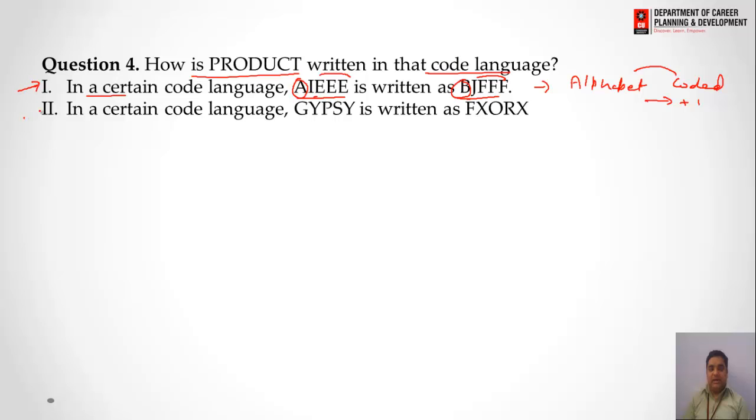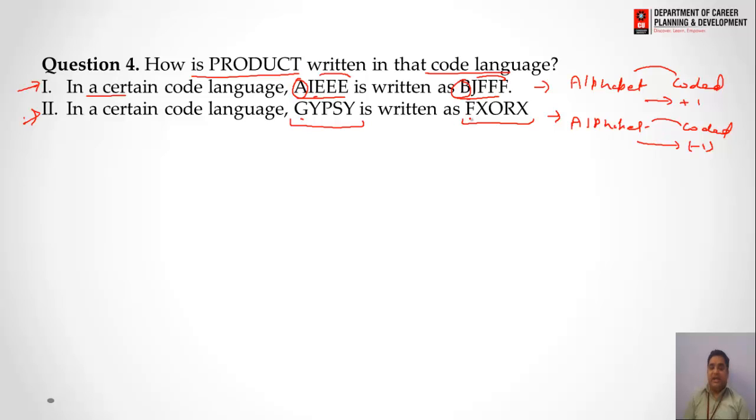Whereas as per the second statement, in a certain code GYPSY is written as FXORX. That means G is written as F. It means as per the second statement, whenever an alphabet is written in its coded language, there is an impact of -1 in the alphabet series.